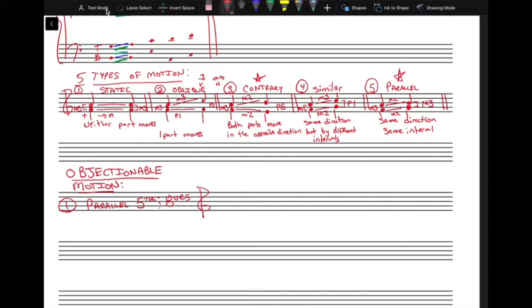If we have an F in the alto and a C in the soprano, and in the next chord, you have an F and a C. This is a parallel fifth because you have a perfect fifth here and a perfect fifth here.